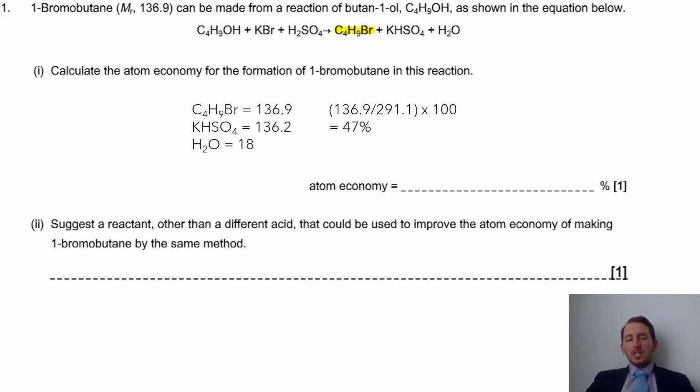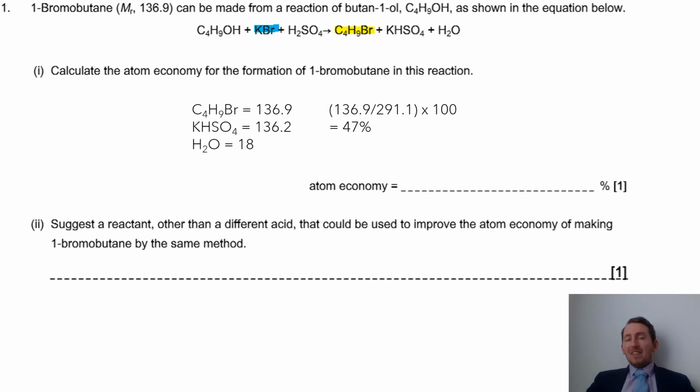Second part of the question is suggesting a reactant other than a different acid that can be used to improve the atom economy of making this same product by the same method. So what this is saying is we need to change this somehow. Like it says other than the acid. So I'm going to make bromobutane, we still need the bromo part in there, but it's just the potassium then that we need to change.